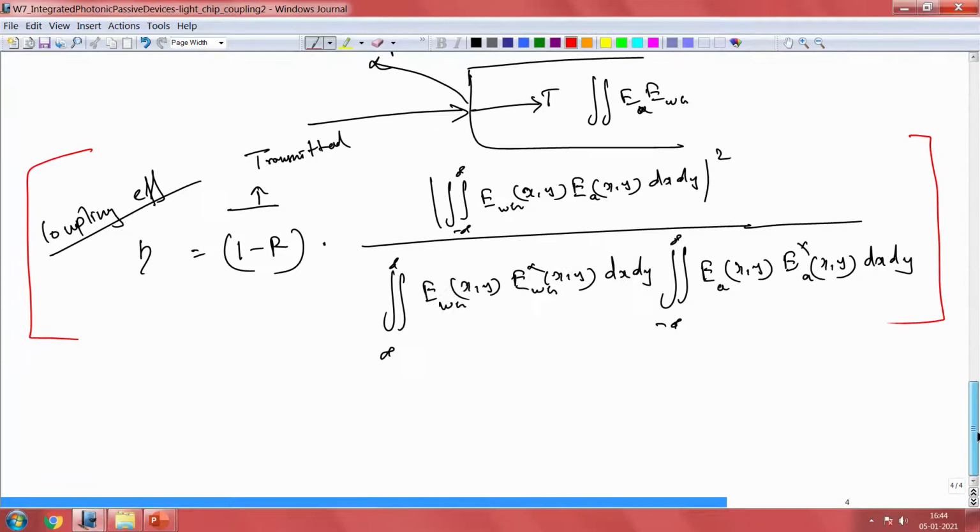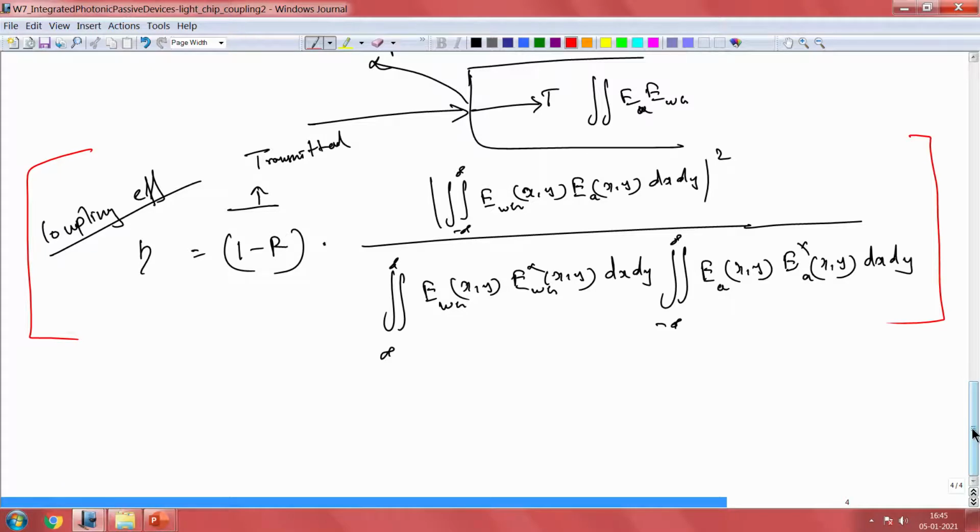So from here we should be able to find what the coupling should be. So there are two important things here, the spatial profile, that means how the wave looks like, right, the field looks like, and also the propagation constant, which is captured by the reflection coefficient that we just saw, right. So the reflection coefficient depends on the propagation constant that you have, right.